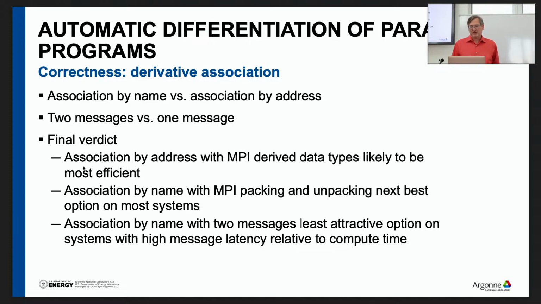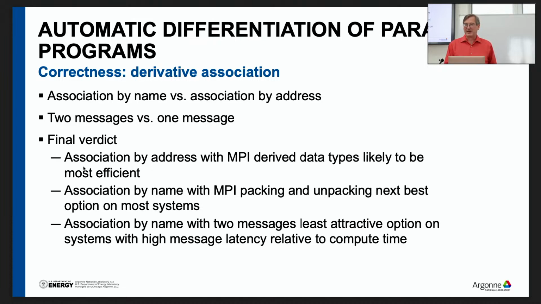And then there's a related issue when you start looking at this in the context of message passing programming models, which is, are we going to send two messages or one message? At the time, the final verdict was that association by address and using MPI-derived data types is likely to be your most efficient option.